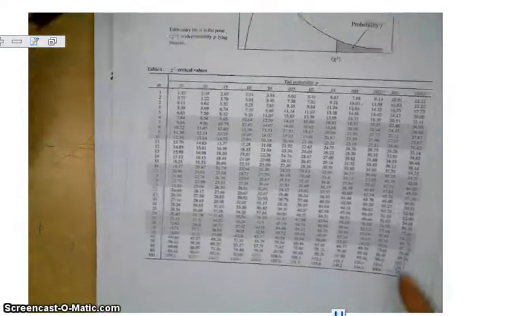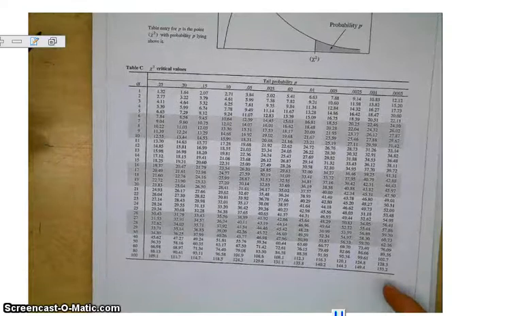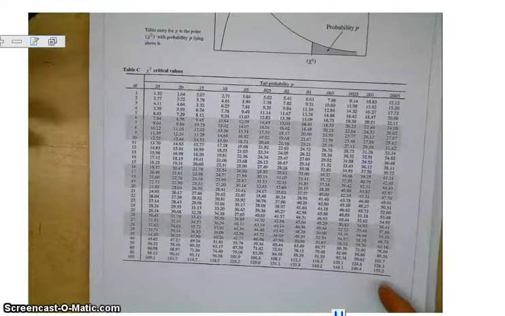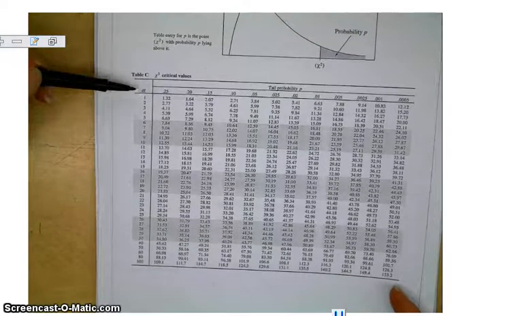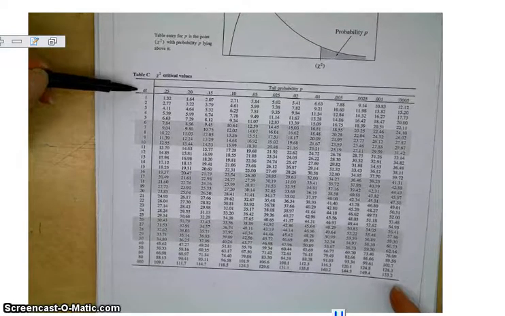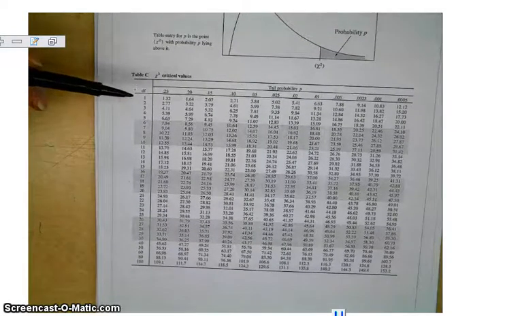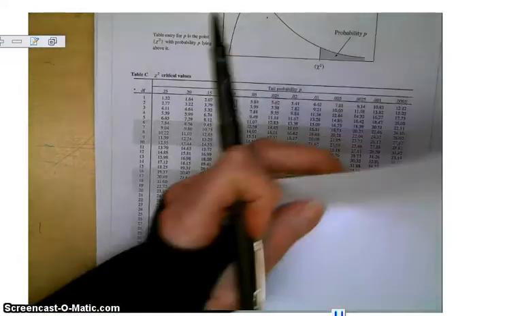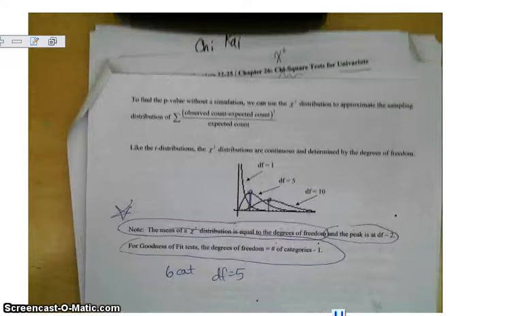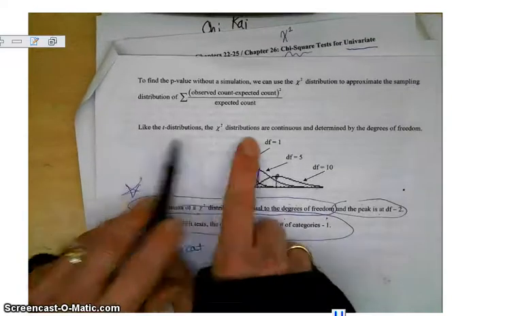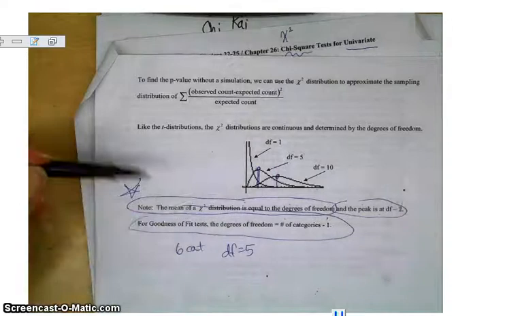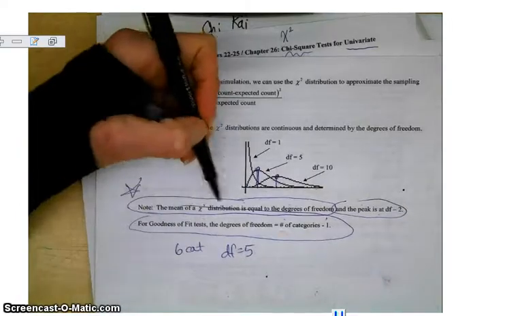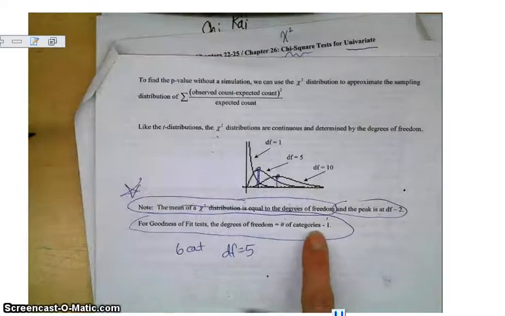The chi-square distribution is in your notes, but I'll show you how you can use your calculator. But you've got degrees of freedom here, which we talked about in the last set of notes. Okay, so the t-distribution and chi-square distributions are continuous and determined by degrees of freedom. The degrees of freedom is the number of categories minus 1.